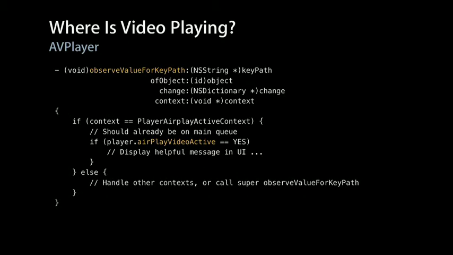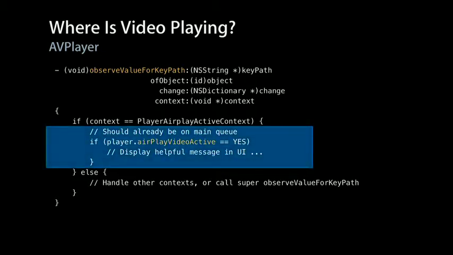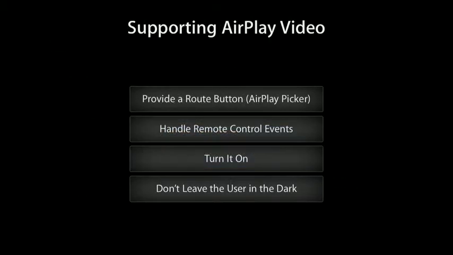When the observed value for key path comes in, you should already be on the main queue, at least if you did your add observer on the main thread, which is what you should have done. You can then update your UI based on the current value of the AirPlay Video Active property. So that's the 4 steps for supporting AirPlay Video: provide a route button, handle remote control events, turn it on, and don't leave the user in the dark.